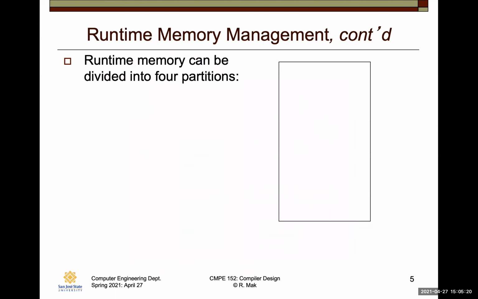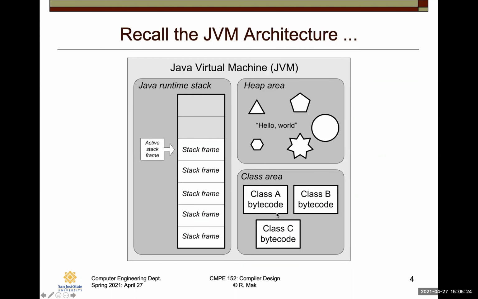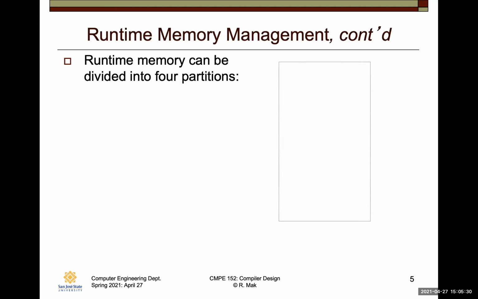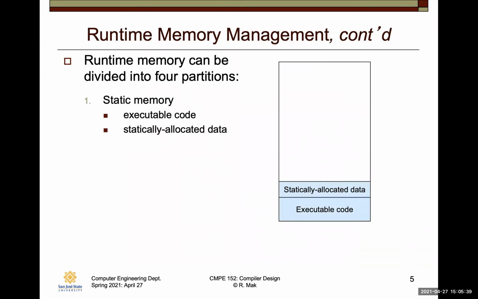Now, if we step back from this diagram and look at the whole process of your program that's running, here's another way of thinking about how your memory is partitioned. If this is your memory partition, you're running your program, and the operating system has allocated memory for you.